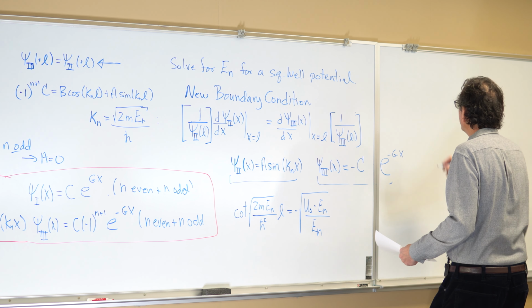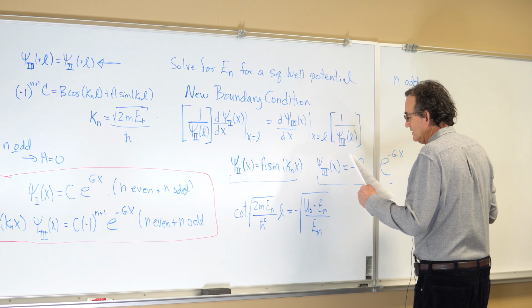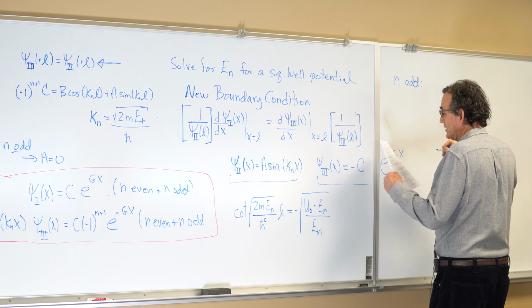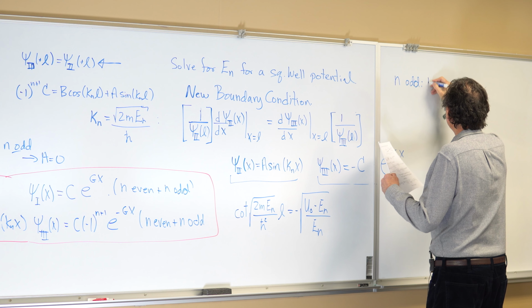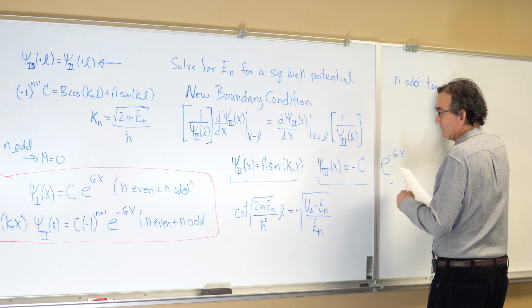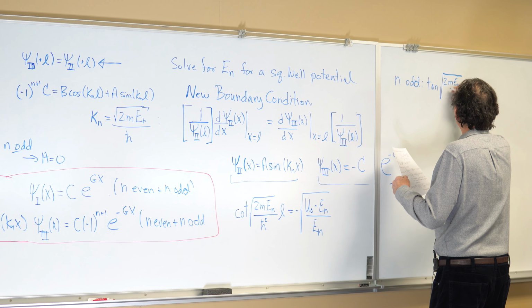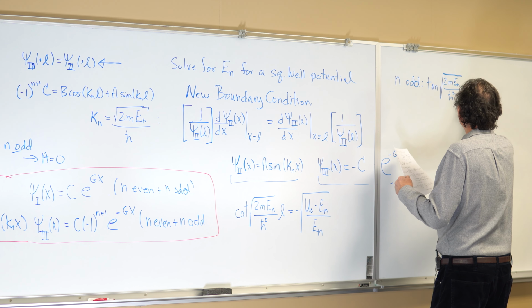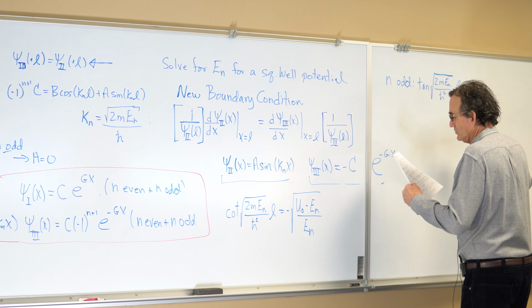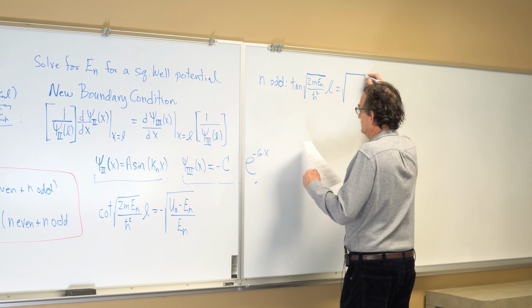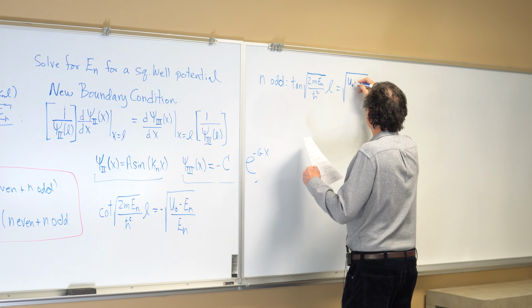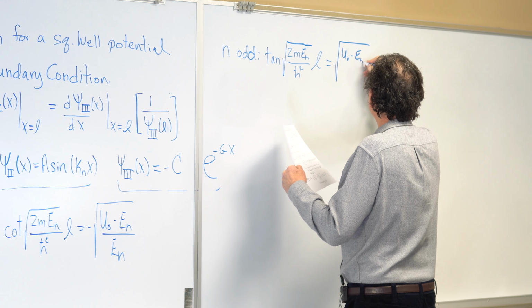And there's a similar one for n odd, and that becomes the tangent of the square root of 2m e sub n over h bar squared times L is equal to the square root of u0 minus en over en.